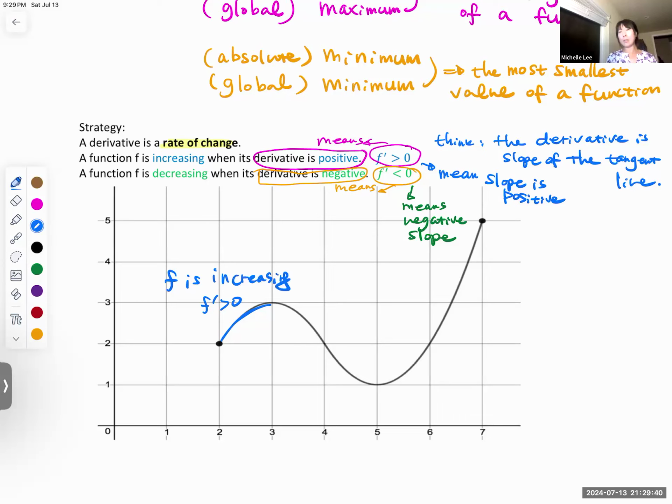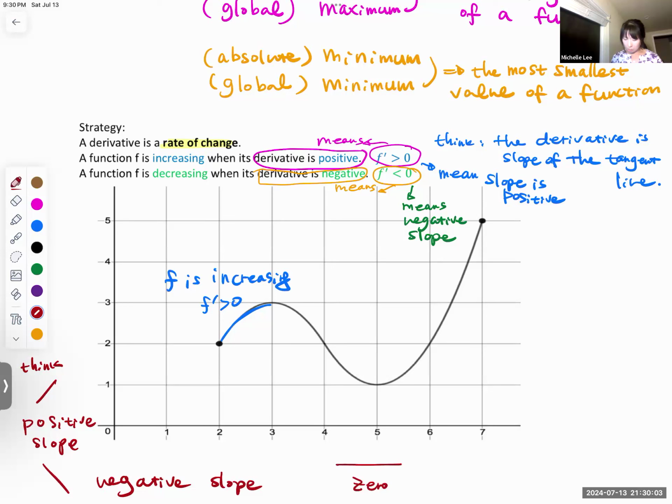And I said earlier, we have a positive slope, we have this negative slope, we have this 0 slope, right?